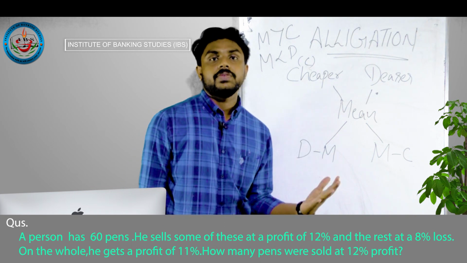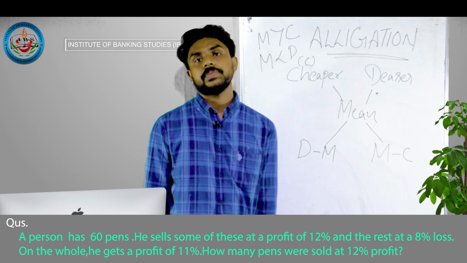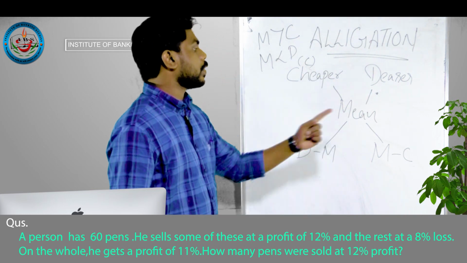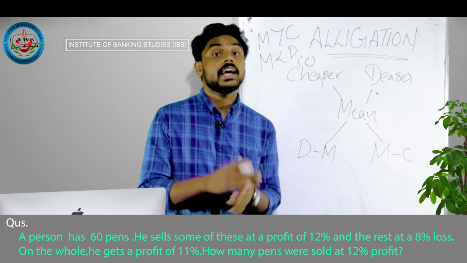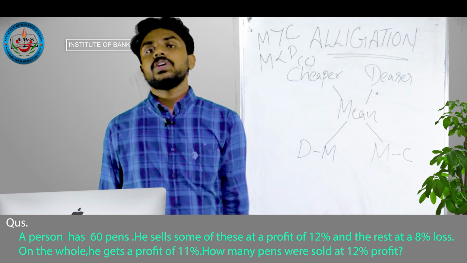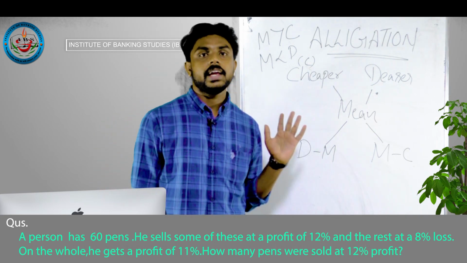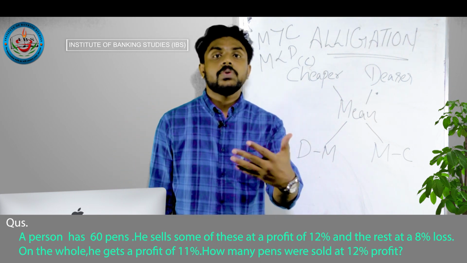This is the pattern we use to solve a problem through allocation. I think you are able to grasp what I am saying, so we can move forward to our question.